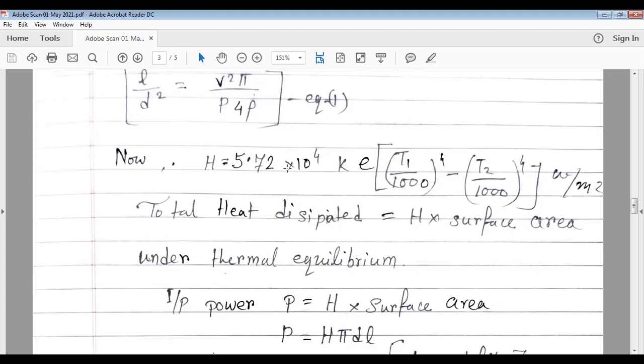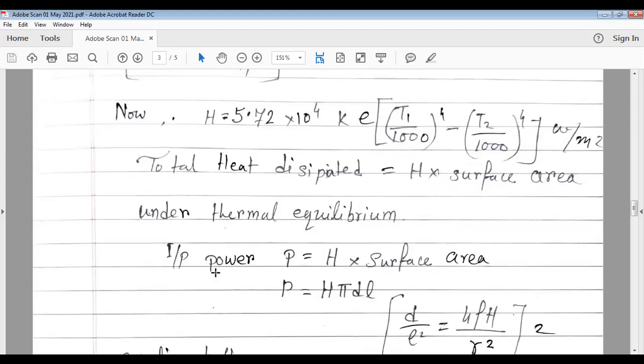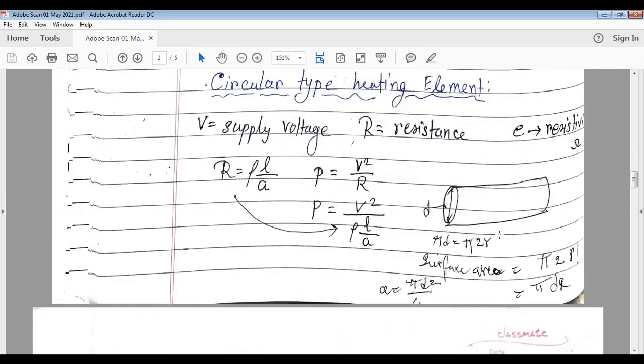Under thermal equilibrium, the input power P, whatever we are given, equals H into surface area, which is pi D L, as we have seen here.